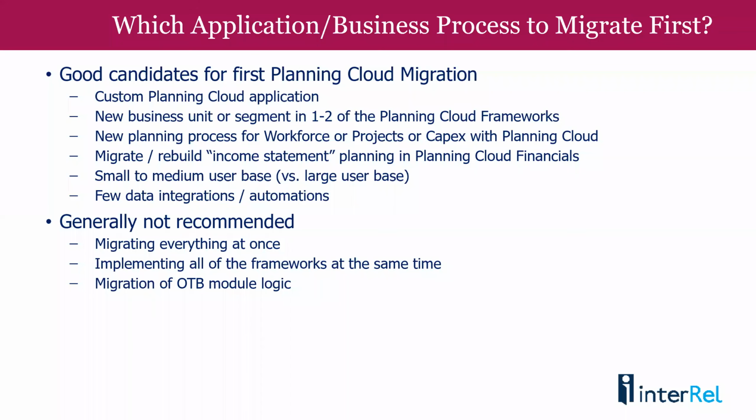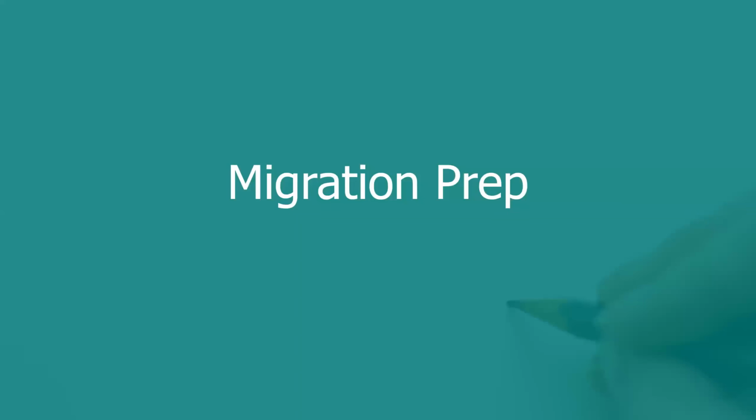So there's a lot of ways to think about it. Very simple apps are always easiest to migrate. If you're only migrating part of an app and you want to see what it does in the cloud, there are ways to do that. If you're bringing in a new company, you would start with having them in the cloud first, and then add other companies and other processes as it matures. So there are lots of different ways to decide what to migrate first.